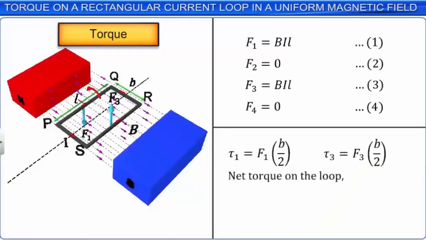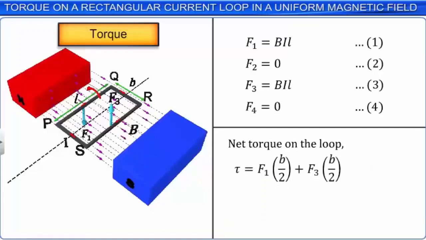The net torque on the loop τ is equal to the sum of τ1 and τ3, which is equal to F1 into B by 2 plus F3 into B by 2. But F1 is equal to F3, and both are equal to BIL.